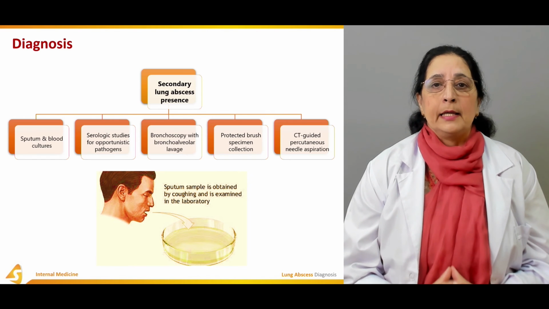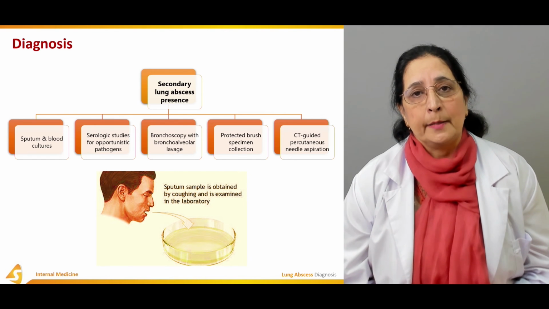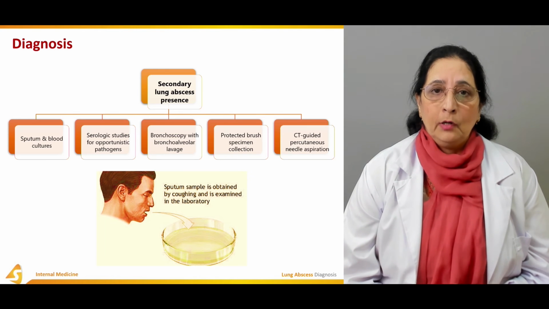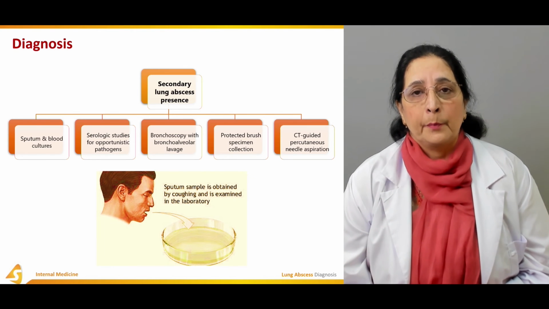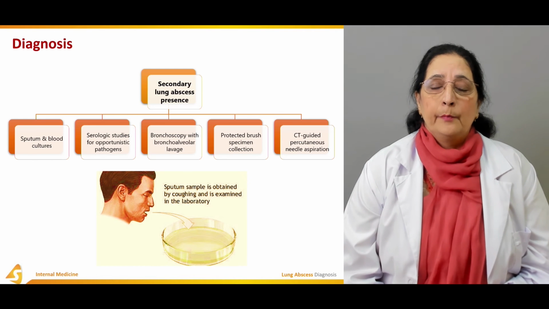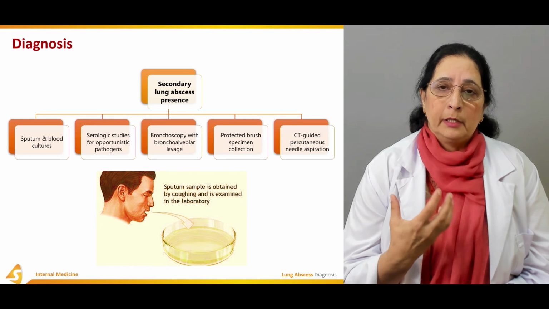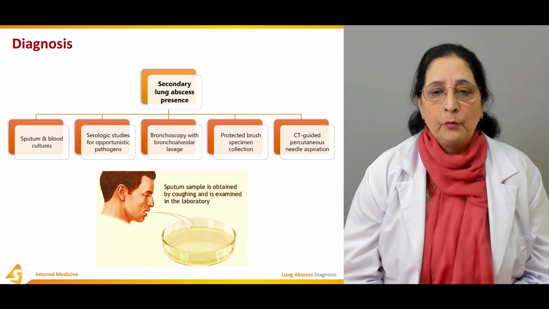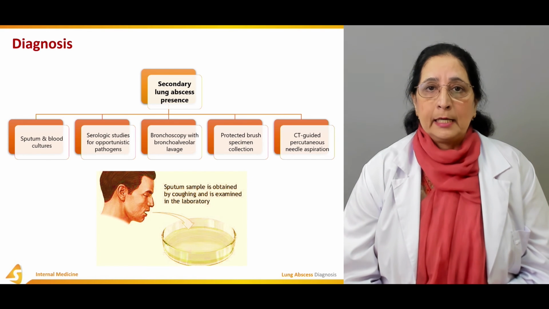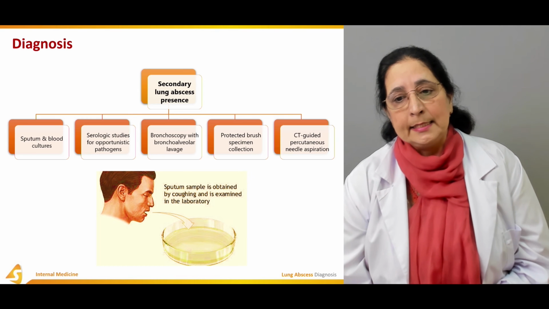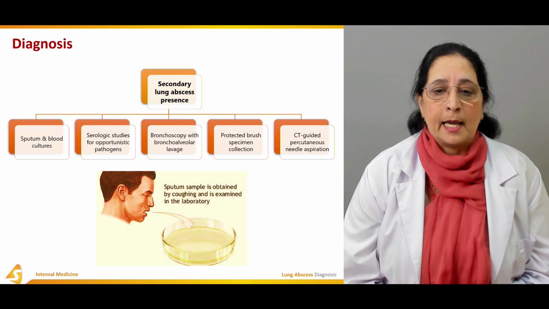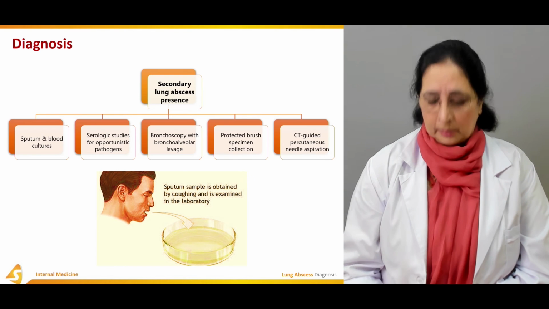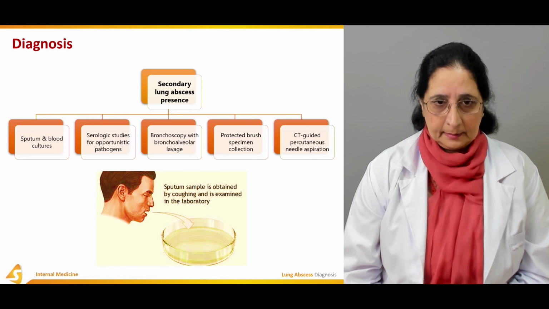So in secondary lung abscess, the different diagnostic steps are the culture, sputum and blood both, serological studies for opportunistic microorganisms, bronchoscopy, in which the bronchi are examined and any secretions are removed with the lavage, protected brush specimens, and CT-guided percutaneous needle aspiration. So all these are different diagnostic procedures for the secondary lung abscess.